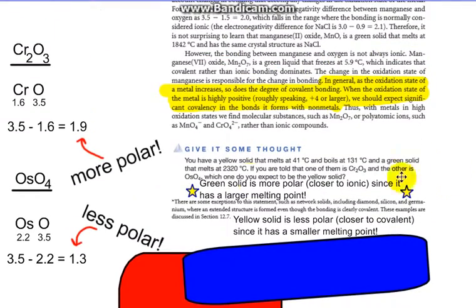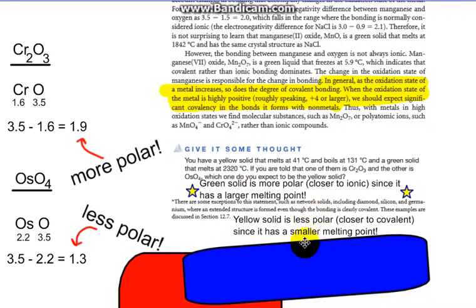So comparing these two, this one has a larger difference, which means it's going to be more polar, maybe even close to ionic. It's close to 2.0, so it could be even ionic. Here we have 1.3, not a huge difference, so it's going to be less polar. So comparing here, the green solid is the more polar one because it has that high melting point.